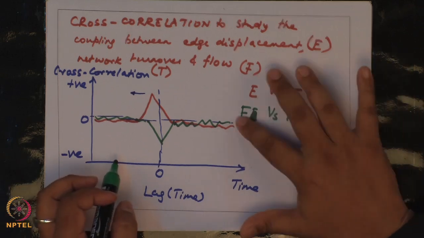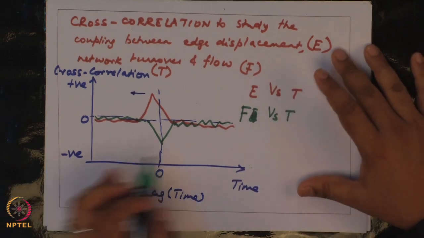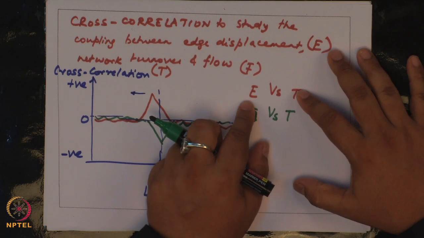So, F and turnover are negatively correlated, while E and turnover are positively correlated.